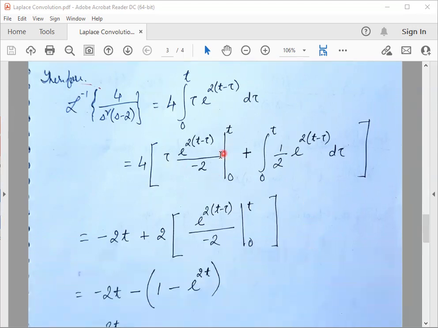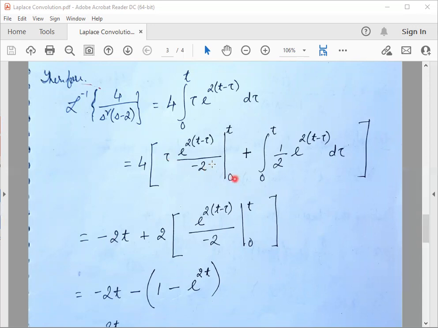So at tau equal to t, this first term reduces to this expression. Okay. So 4 and minus 2, we get minus 2 here.